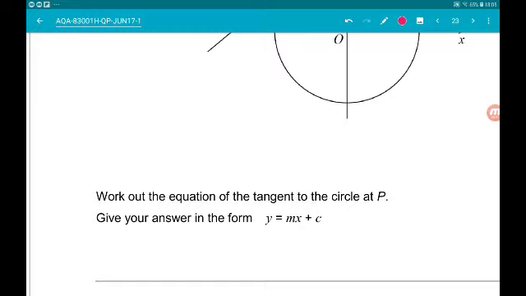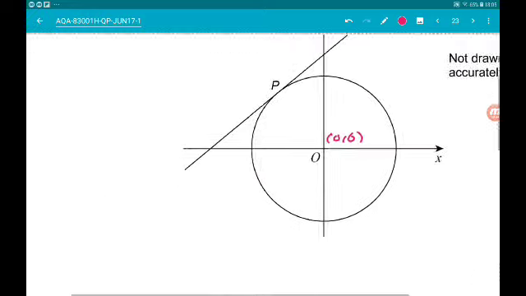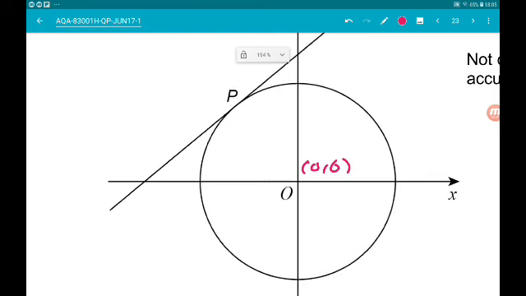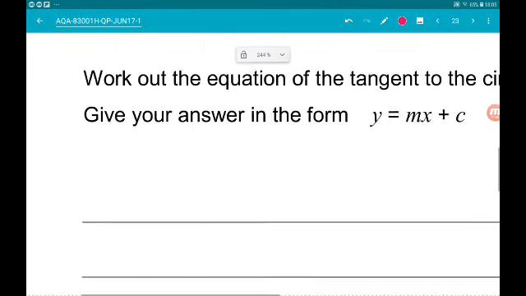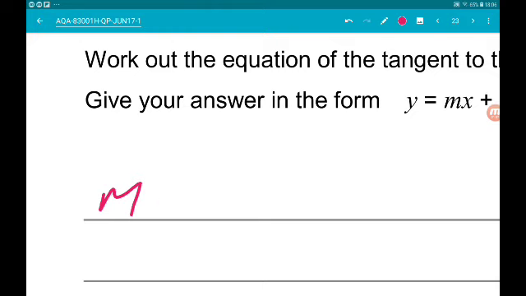So, the key to doing this is that a radius and a tangent, when they meet, they are perpendicular. Now, when perpendicular lines meet, then their gradients multiply together to -1. So, let's call m_R the gradient of the radius and m_T is the gradient of the tangent.